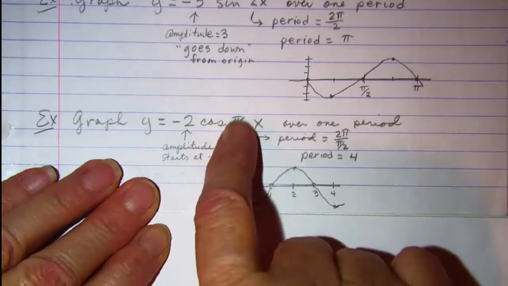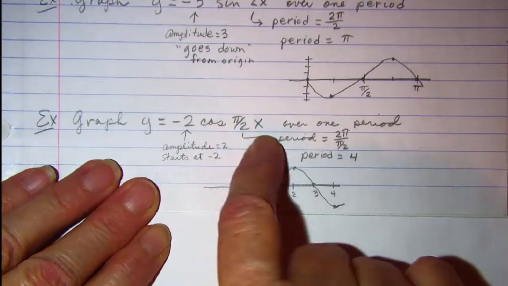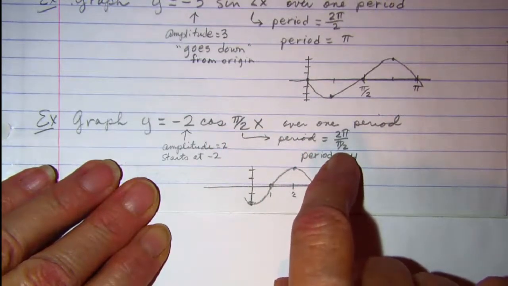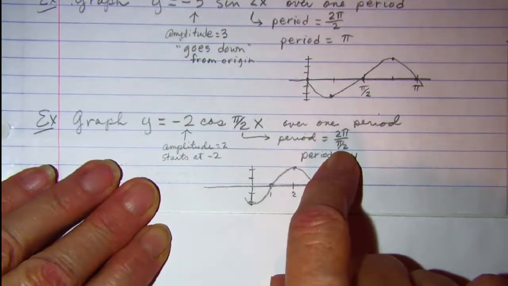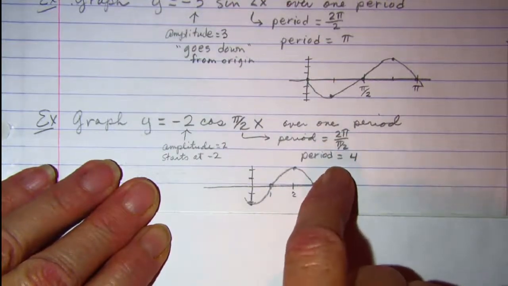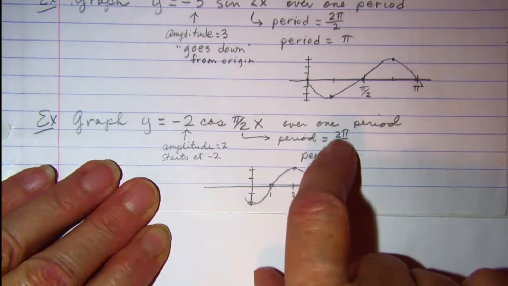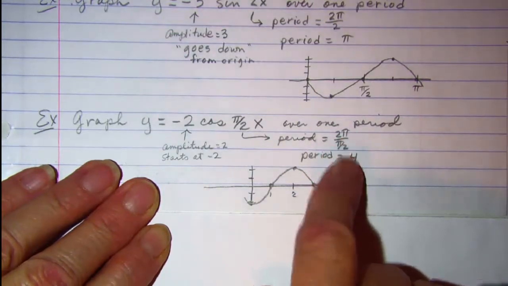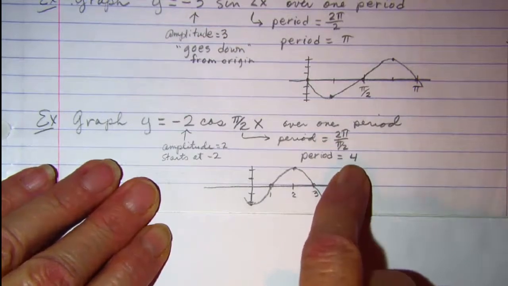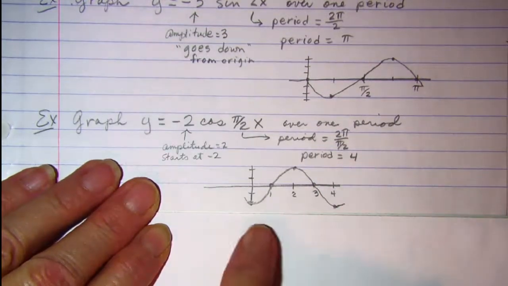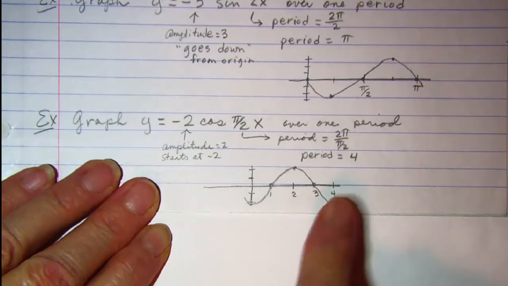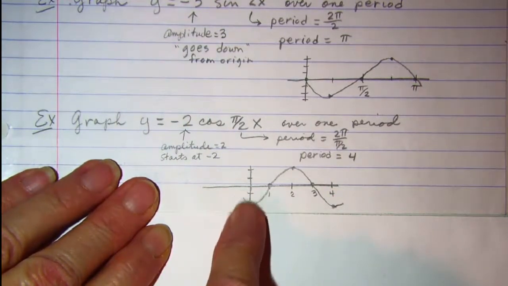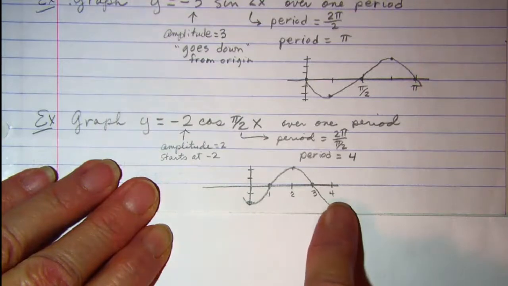Also, my period, I need to calculate what that is, so I write 2 pi over 2, because b is pi over 2. So multiplying top and bottom by 2, and then my pi's will cancel off. That gives me a period of 4. So I label my horizontal axis, starting at 0 and ending at 4.